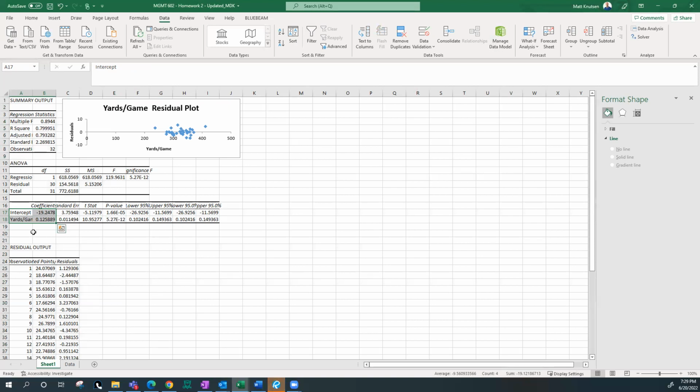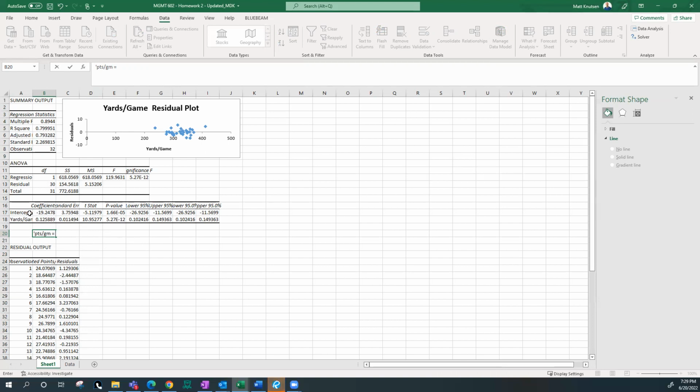Okay. Does everybody know how to, do we want to go over how to put the equation together? That's probably a good idea. All right. So our dependent variable is points per game, right? So points per game is a function of yards per game. And so our intercept is minus 19.2478.